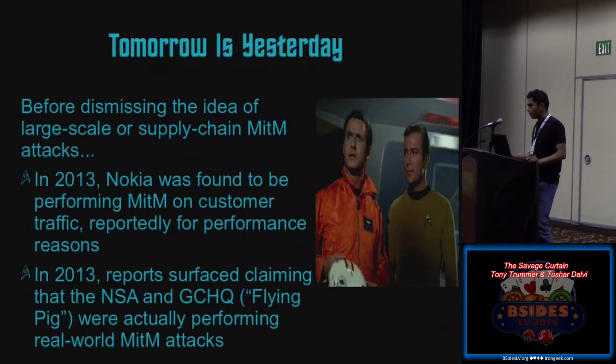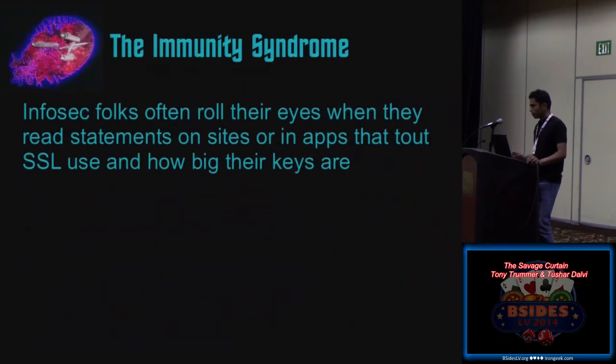And also, let's not forget that according to allegedly leaked documents, the NSA and GCHQ were performing similar man-in-the-middle traffic, snooping SSL traffic. So the real question is, how do companies show their customers that they really care about SSL?